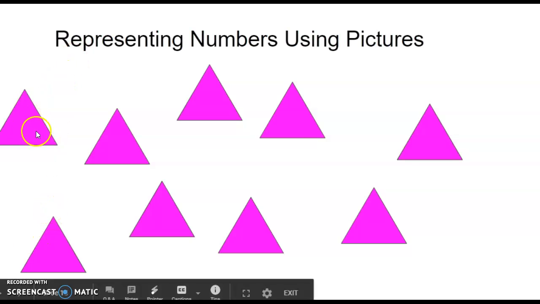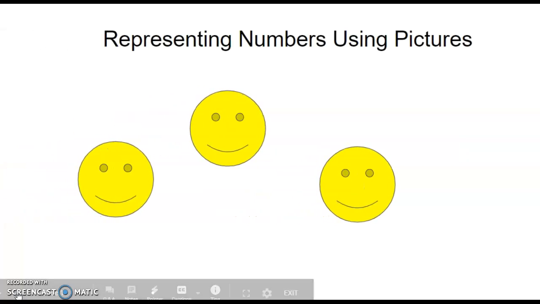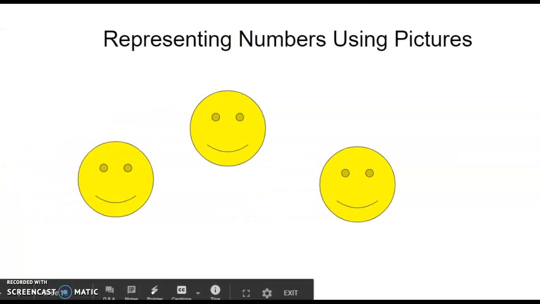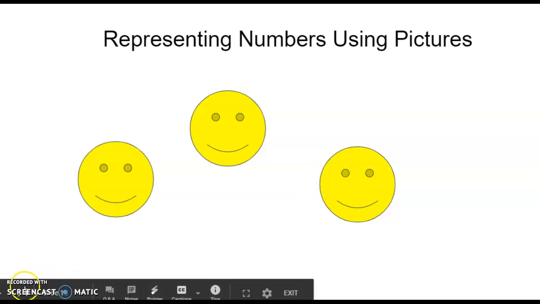Let's count. 1, 2, 3, 4, 5, 6, 7, 8, 9. If you said 9, you are correct. Now, our smiley faces. How many smiley faces am I representing here? Well, if you said 3, you are correct. 1, 2, 3.